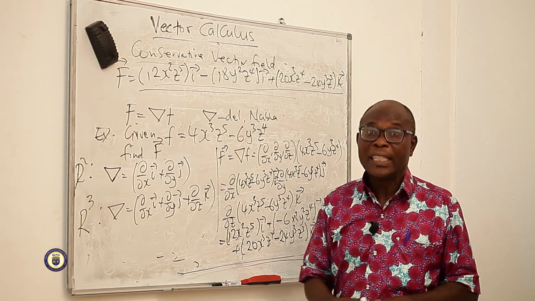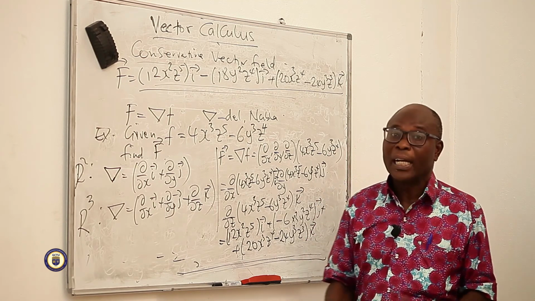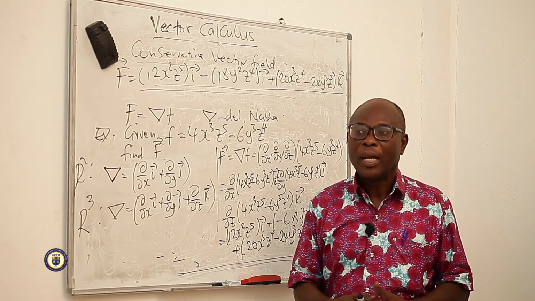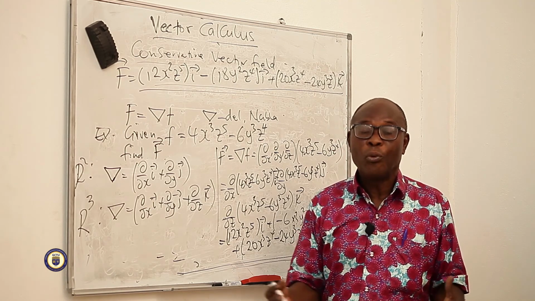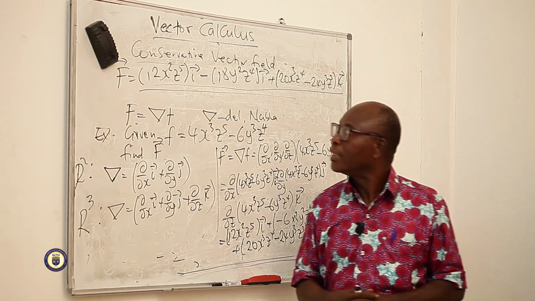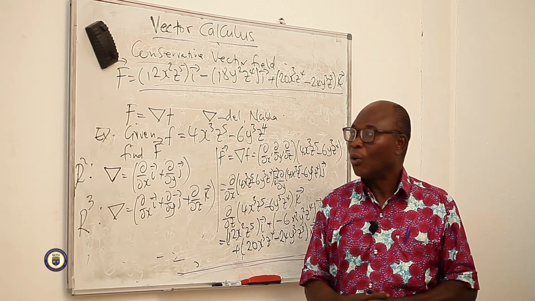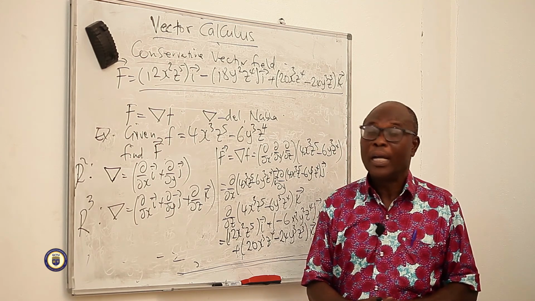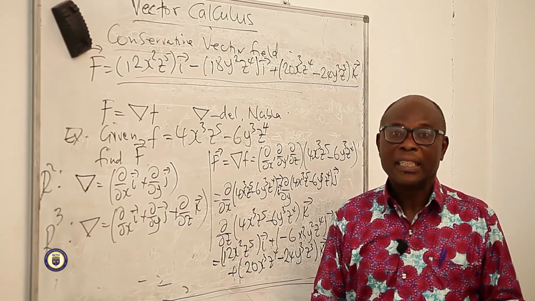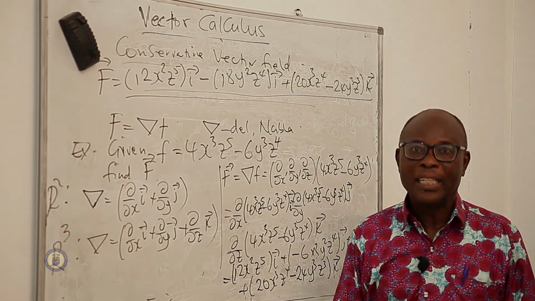In the next lecture, we are going to look at how we can deduce a potential function if we have been given a conservative vector field. This brings us to the end of conservative vector fields. Our next lecture, watch out for how to get potential functions from a conservative vector field. Thank you very much, and see you in the next video.